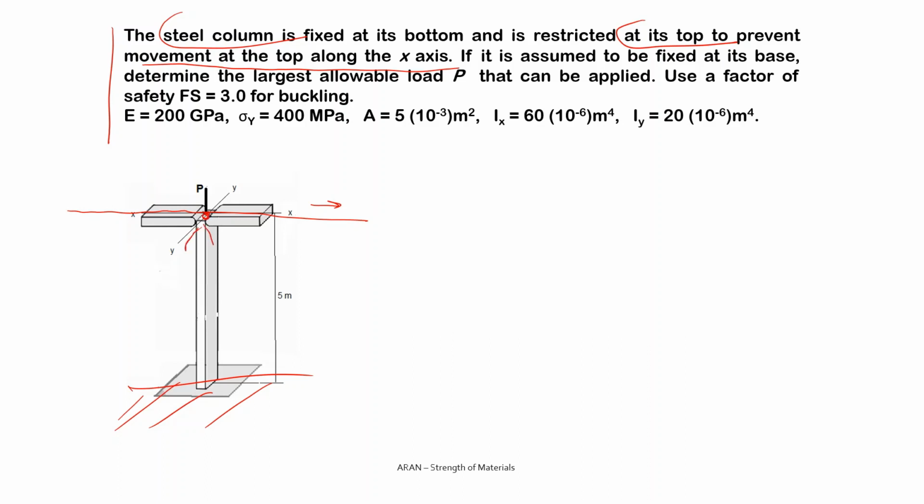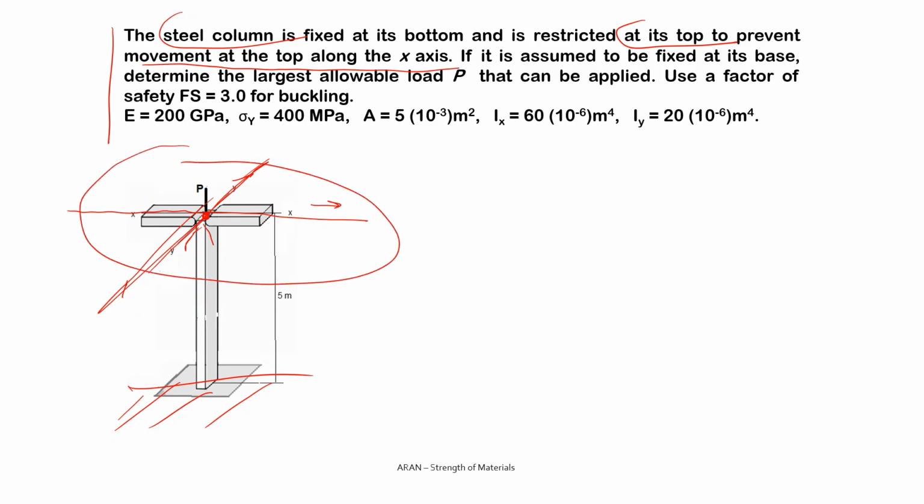You can take it as fixed. Well, if you have the y axis, in the y axis, the column end is actually free. It can make any movement. So we have two different types of support at the top end.